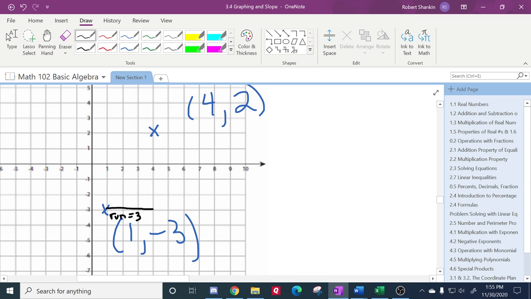And then we do the rise. Once you're directly underneath it, we rise. It looks like I'm going upwards, so it's going to be positive, and it's 1, 2, 3, 4, 5. It looks like 5. But also, what's true? The rise will always be the difference in these two heights, the upper one minus the lower one.